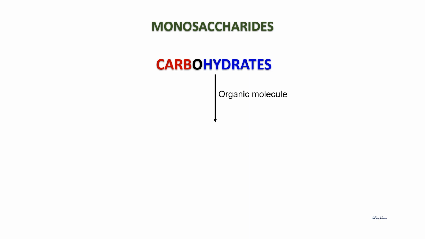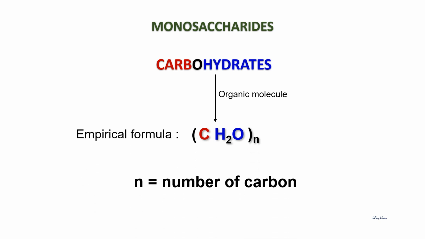And the term carbohydrate already implies the structure of the monosaccharide, whereas carb represents carbon and hydrate represents H2O. So the empirical formula of monosaccharide can be represented by (CH2O)n, because the n represents the number of carbons found in one monosaccharide.